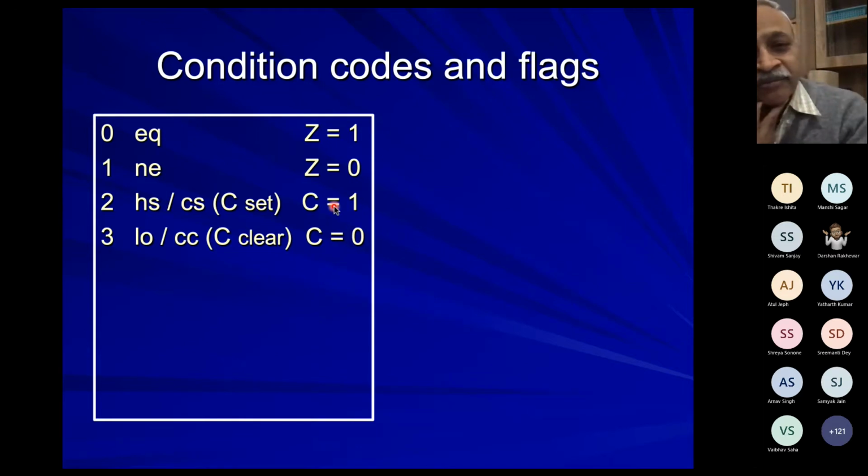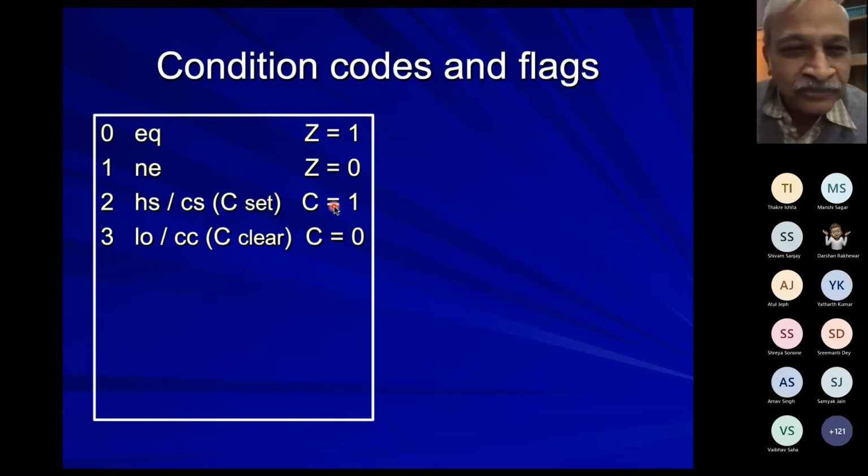So there'll be a carry and there'll be some non-zero sum. Therefore, if OP1 is greater than equal to OP2, interpreted as unsigned numbers, then carry will become 1. Otherwise carry will be 0.